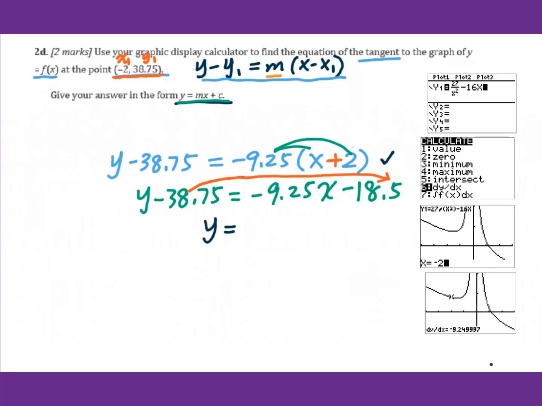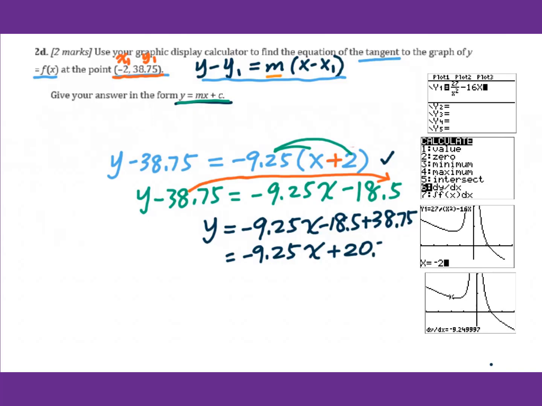So you have y equals negative 9.25x minus 18.5 plus 38.75. You will get negative 9.25x plus 20.25. This will be the final answer to this question.